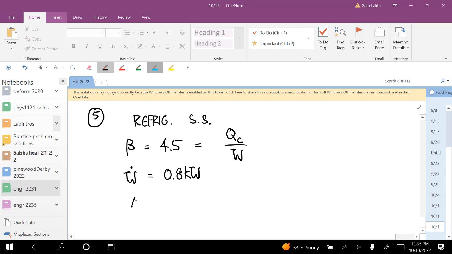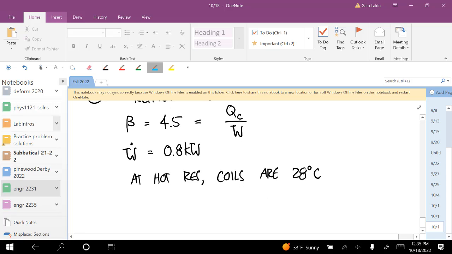So at the hot reservoir, the coils are 28 degrees Celsius, but the reservoir itself is 20 degrees Celsius.